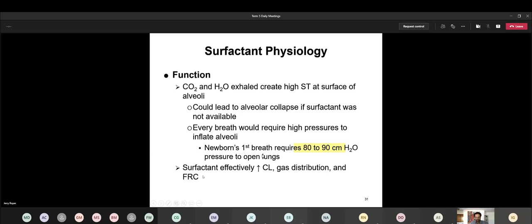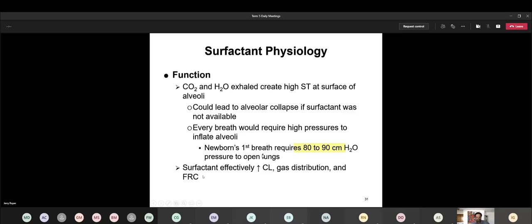And that's always going to be a source of surface tension. If you didn't have enough surfactant, or any surfactant at all, it would be nearly impossible to get your alveoli to expand again, or at least to open like they're supposed to.